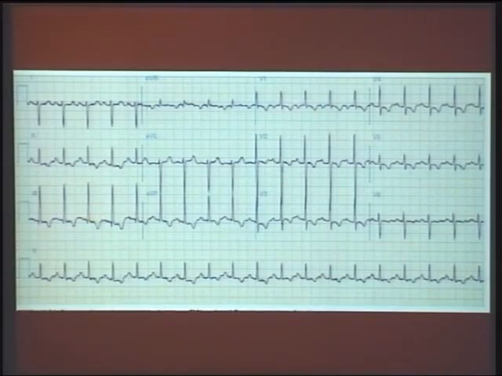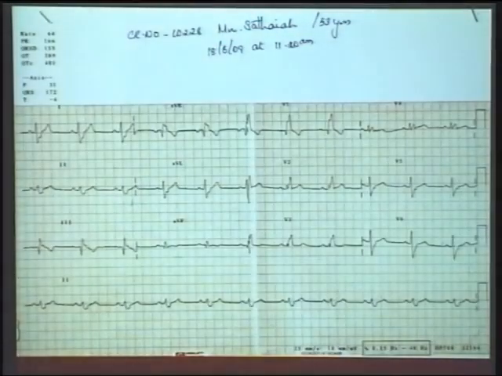Right ventricular hypertrophy. See the V1. V1 is positive there. That means there is a right ventricular hypertrophy there. Indeterminate axis. Everything is equiphasic here. You see, the terminal R wave is in AVR. So it is an indeterminate axis.